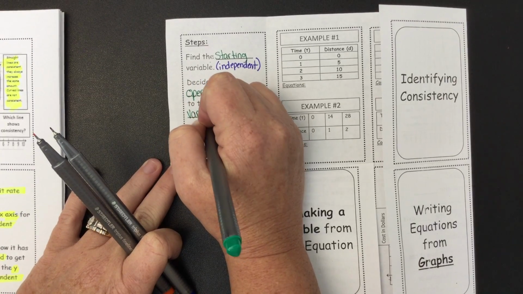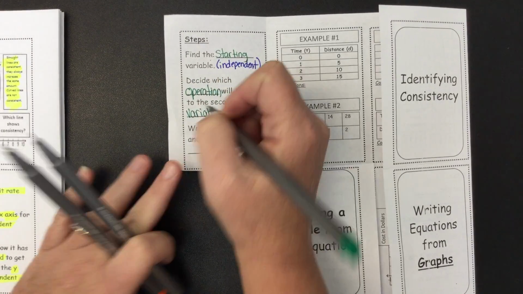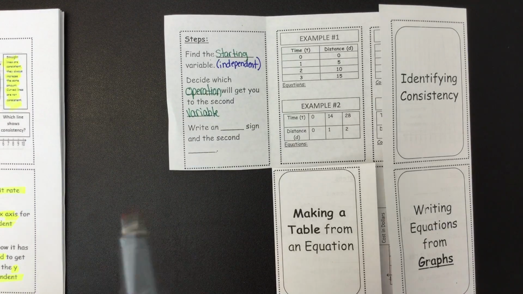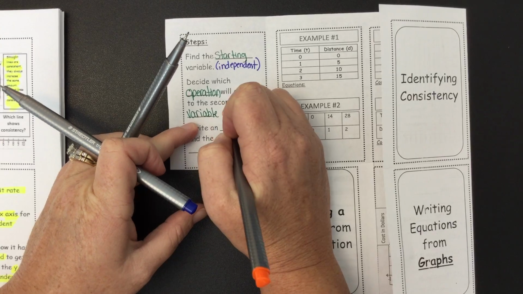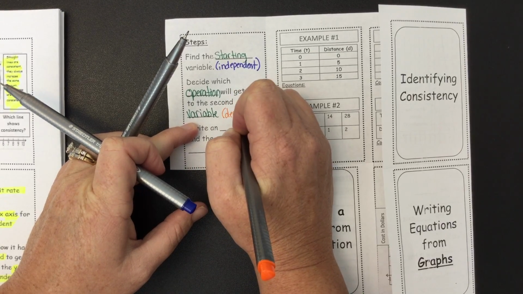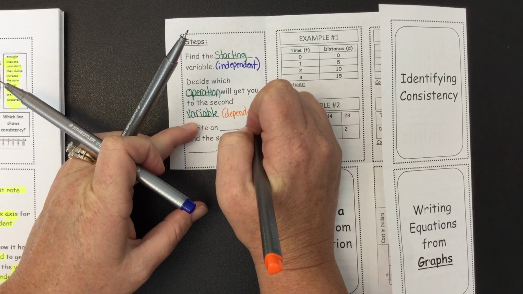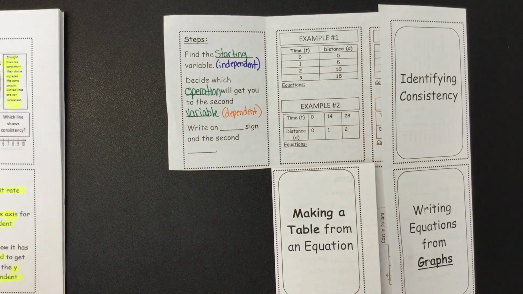The second variable is which variable, the independent or dependent? Very good. So you find the starting variable, which is going to be your independent.